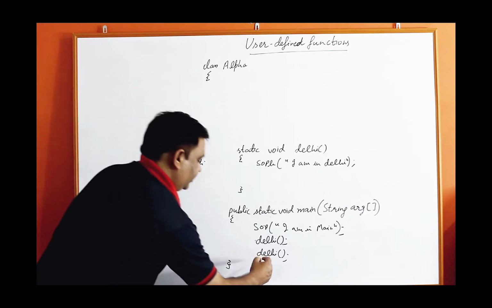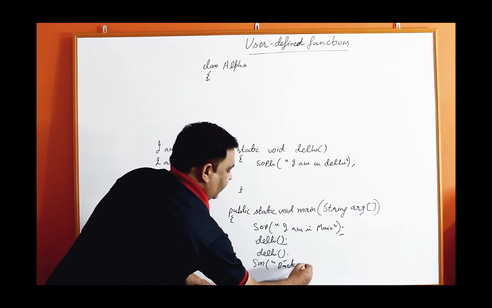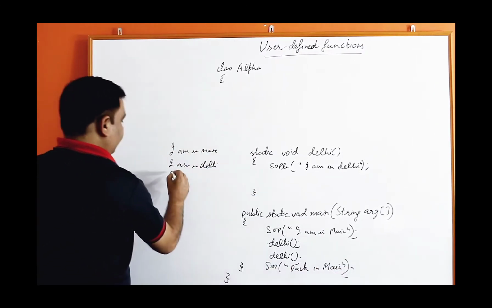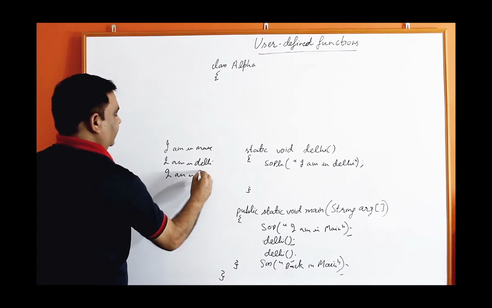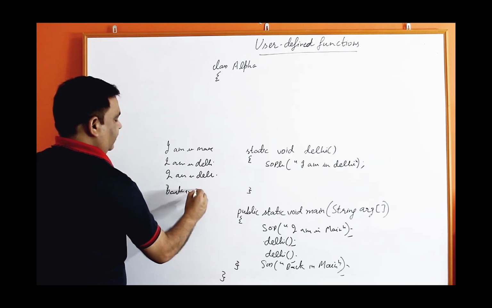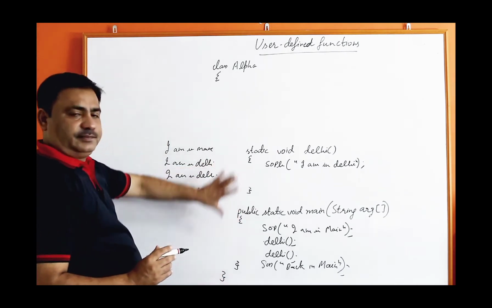You can write any statement, suppose back in main. So two times it will print I am in Delhi and finally back in main. That is the output of this program.